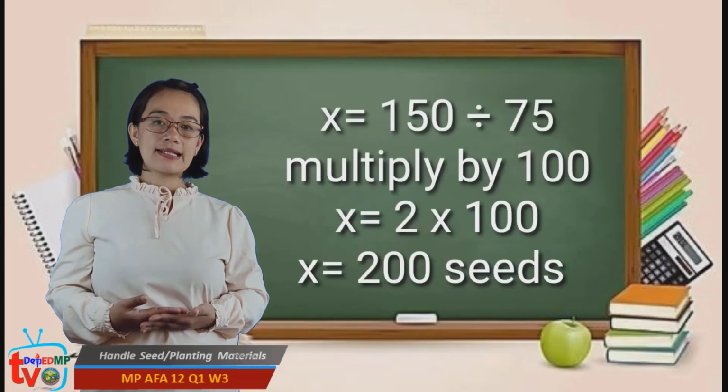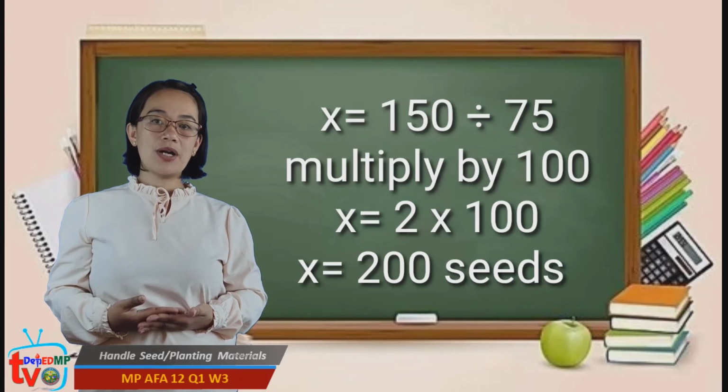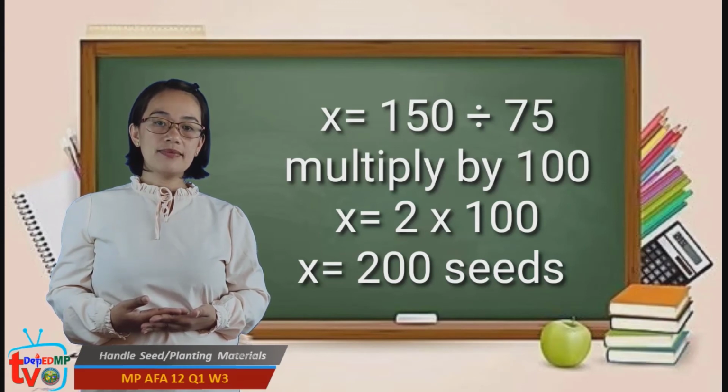Therefore, X is equal to 150 divided by 75 multiplied by 100, and X is equal to 2 times 100. So, the product is 200 seeds.